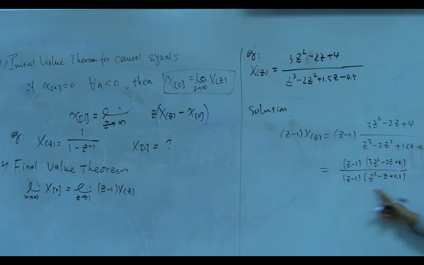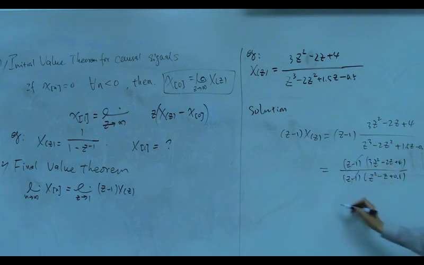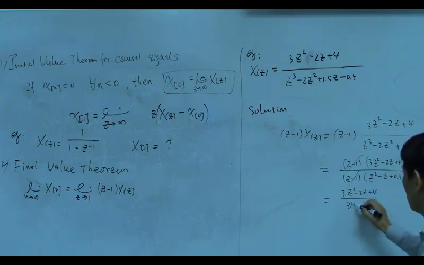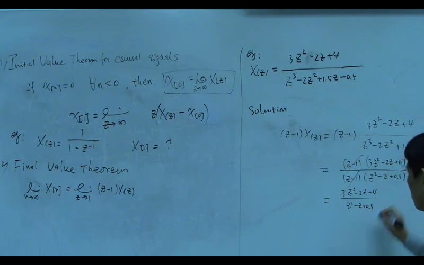This is the factorization of this one. Now we can see z minus 1 and z minus 1, so we cancel them. This will be equal to 3z squared minus 2z plus 4 over z squared minus z plus 0.5.